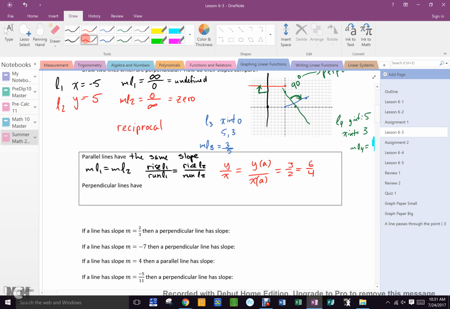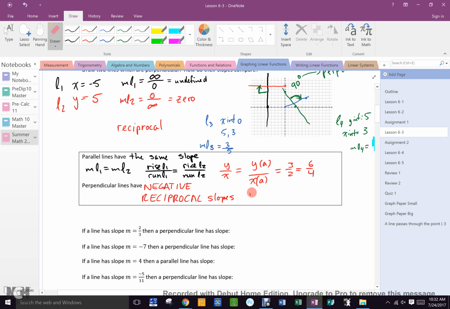Now, perpendicular lines have, and I'm going to write this in big capital red letters, negative reciprocal slopes. Okay? That means that you must do two things.